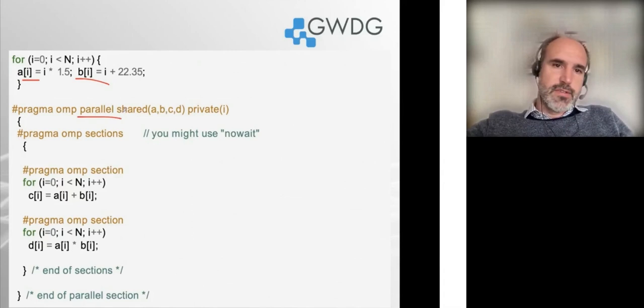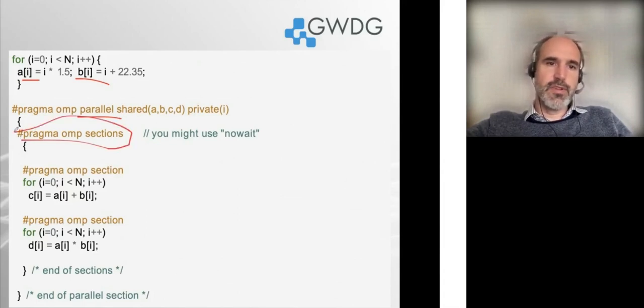And then after this split up of your parallel region, you say you need to have sections. You just say there will be a number of sections coming afterwards. In this example, we have two sections given here.